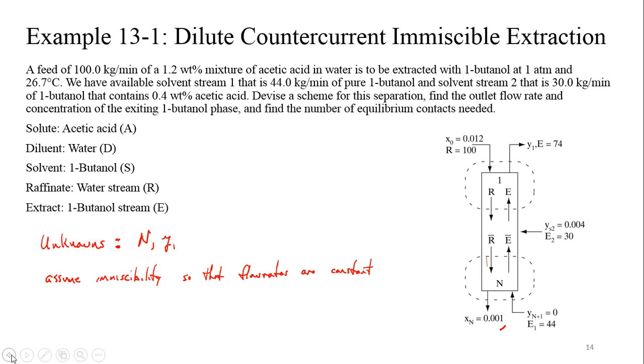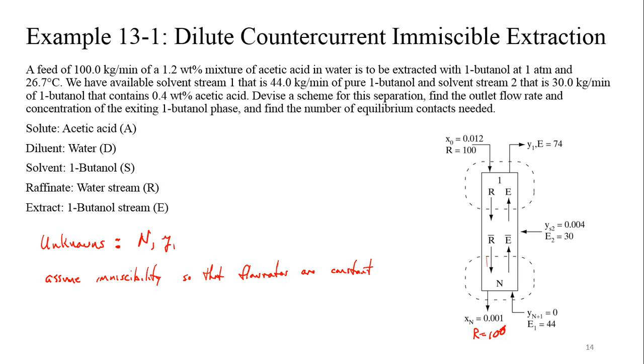What is R bar in this problem? R bar is associated with the water stream, right? Same as R in this case. We're assuming immiscibility throughout the system, and so we'd also have down here R is equal to 100, as well.